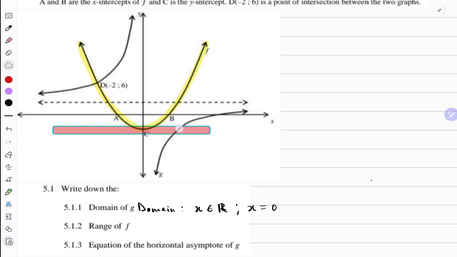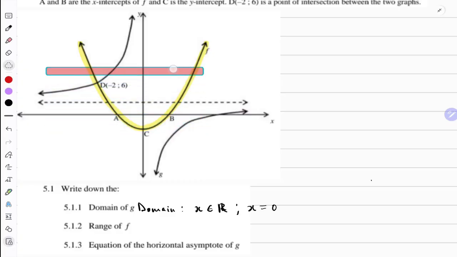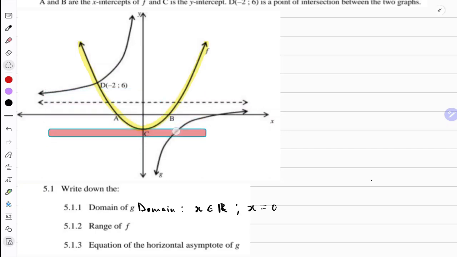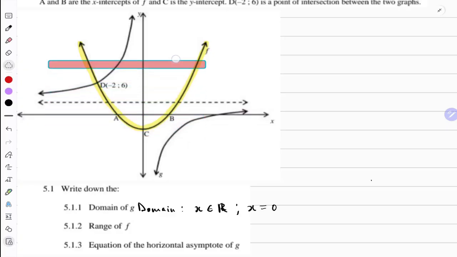So the range starts here, and the function starts existing at the minimum, at the c point, and then it continues up towards positive infinity.